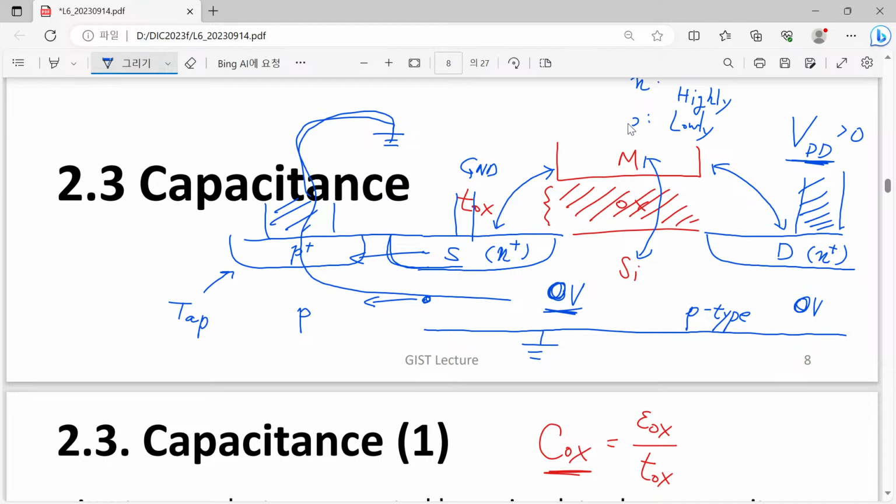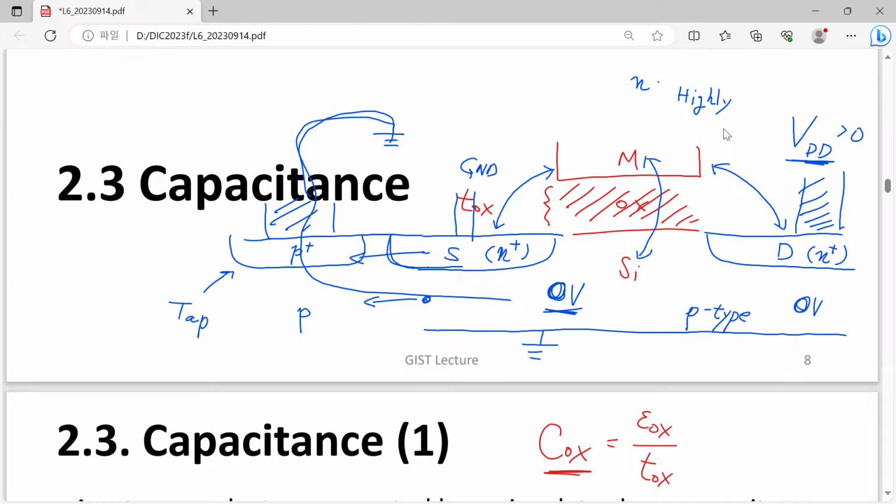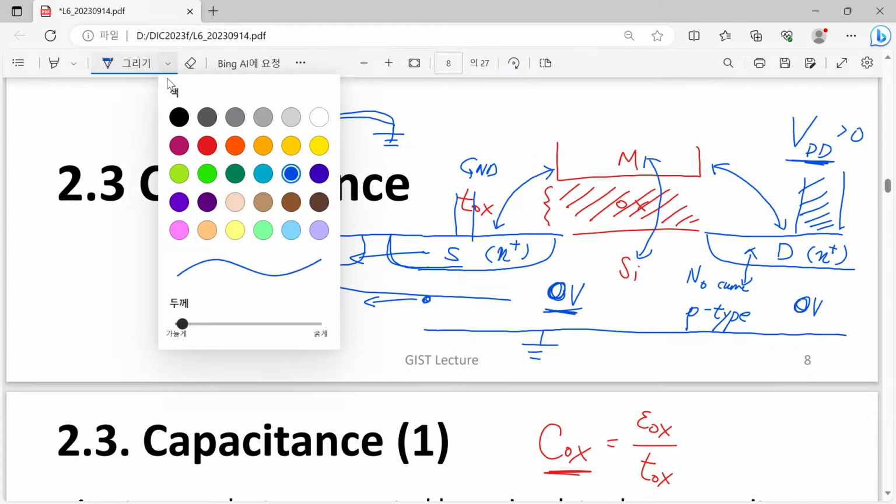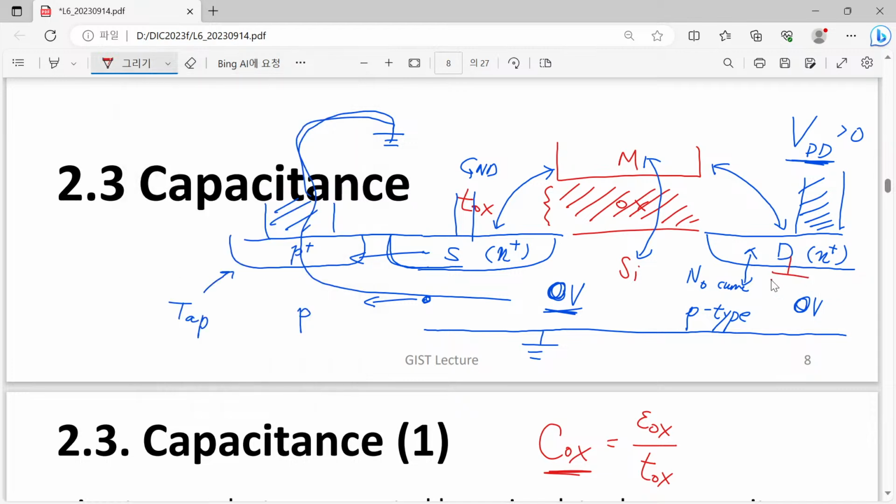In this case, when p-type is lowly biased, then this structure called PN junction does not conduct current. There is almost negligible current or no current, and this PN junction is just acting as a capacitor. Also, even in the case of a zero biased case, this one gives you just a capacitance.